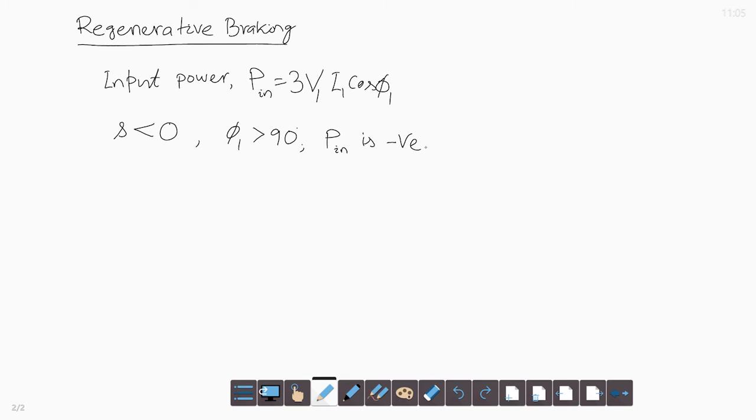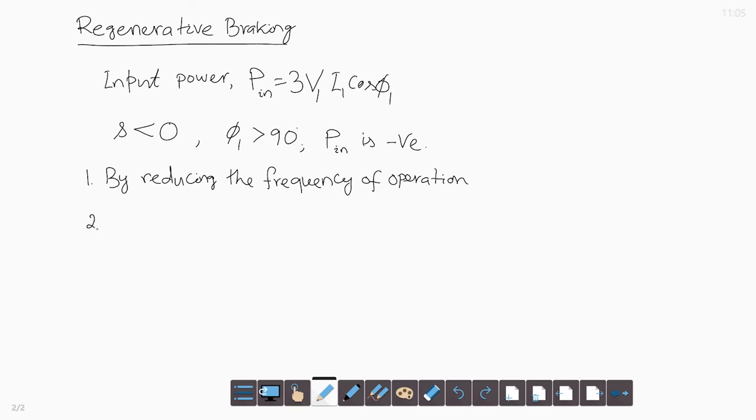How then can regenerative braking be obtained? First possibility, by reducing the frequency of operation. In a variable frequency drive, where a variable frequency source is available, for a given rotor speed, when the frequency is reduced, the synchronous speed also reduces and becomes less than the rotor speed. So regenerative braking is obtained and the machine operates as a generator.